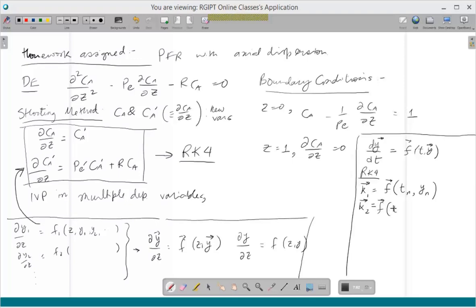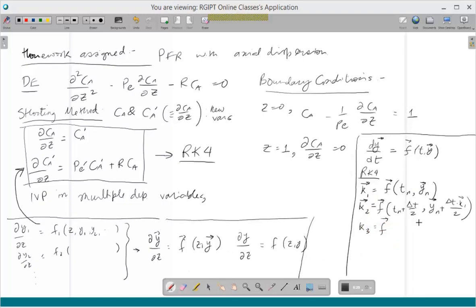This is given by f of Tn plus delta t by 2, where delta t is my step, and yn plus delta t into k1 vector by 2. This has to be done sequentially because k1 is used in evaluation of k2, and k2 is used in evaluation of k3. So you have to first implement this step, then this, and then this, and so on.